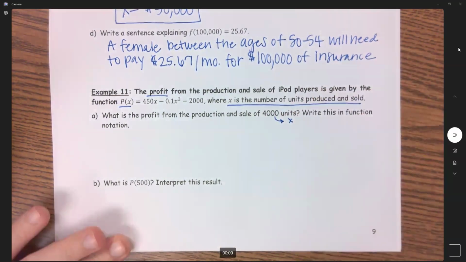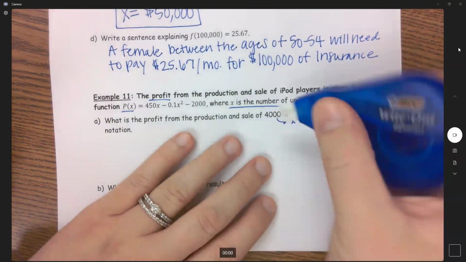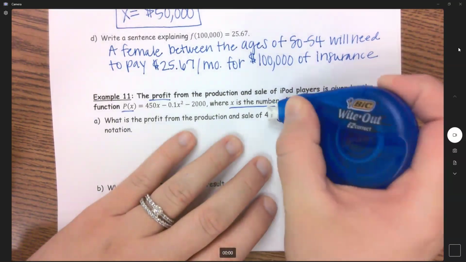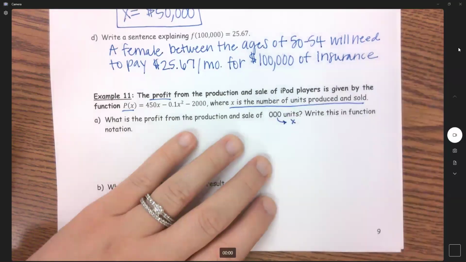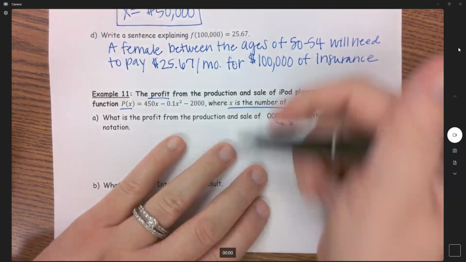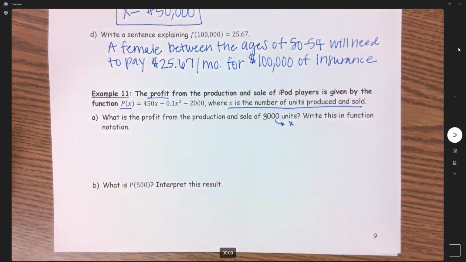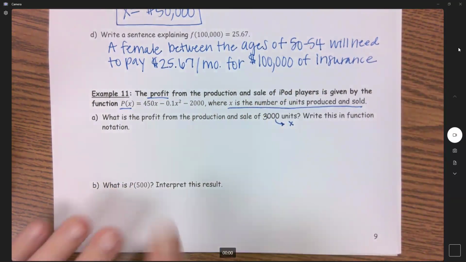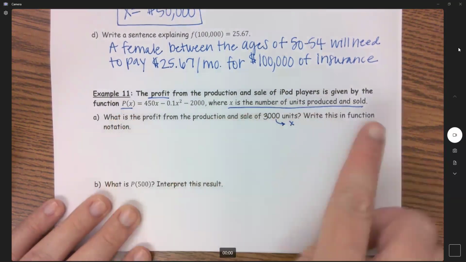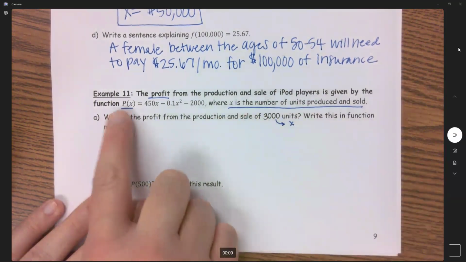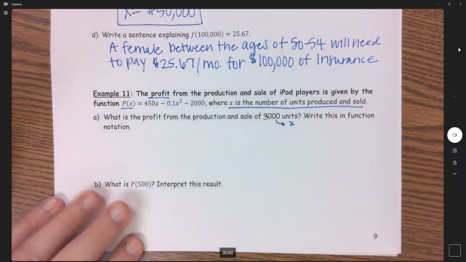Sorry, again, this is supposed to be 3,000, isn't it? Okay, so 3,000 is my x. Because they want function notation, this will now become P of 3,000.